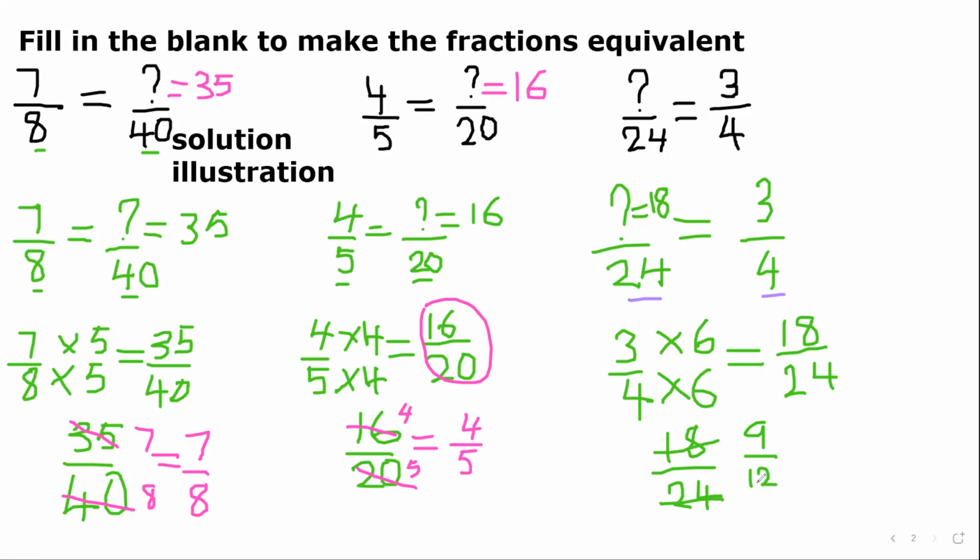You can still cancel this one here. 3 goes into 9, that is 3. 3 goes into 12, that is 4. Therefore, the final answer is 3 out of 4, which is the same as 3 out of 4 here.